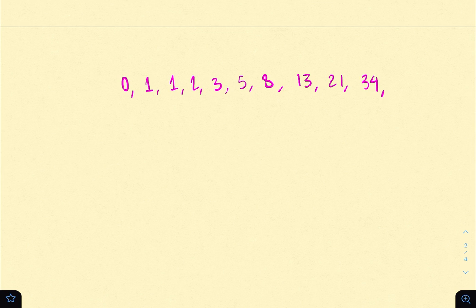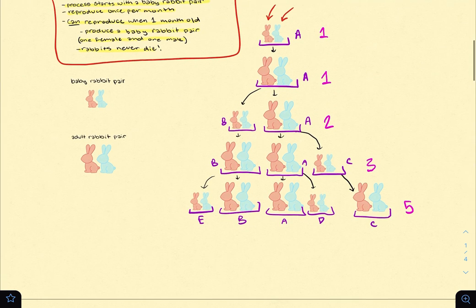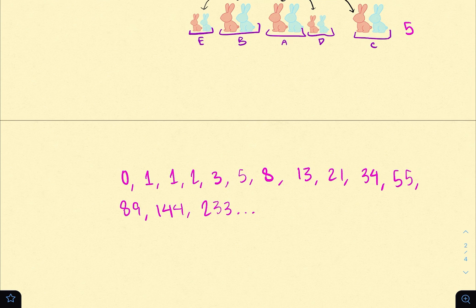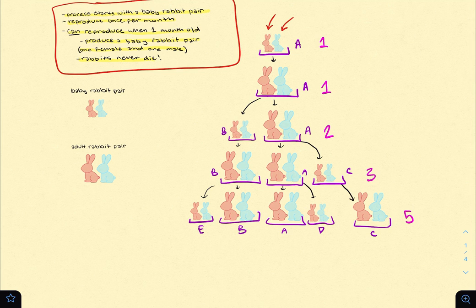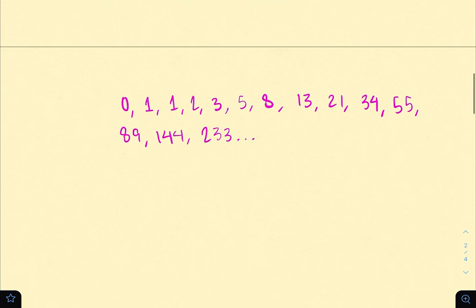The sequence is 0, 1, 1, 2, 3, 5, 8, 13, 21, 34, 55, 89, 144, and so on. 1, 2, 3, and 5 are in the sequence. And if you continue this process, you notice that if you keep counting the number of rabbit pairs, all of those numbers fall in the sequence.